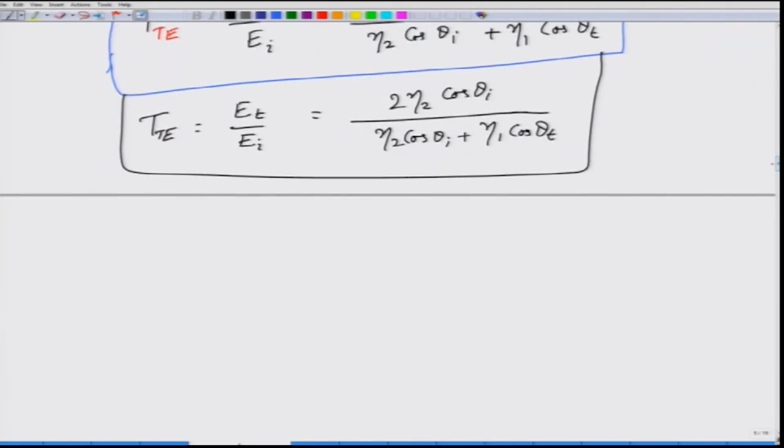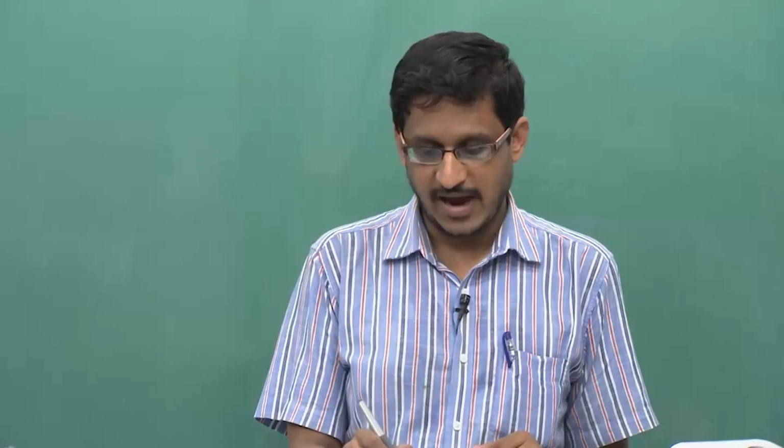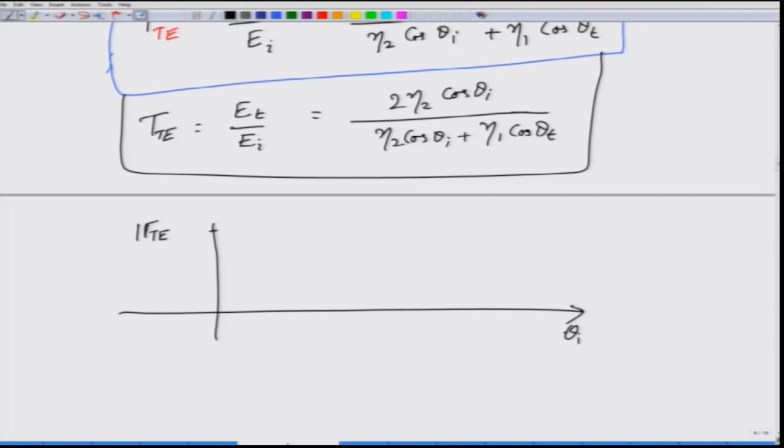Now, if you were to consider two situations and start varying the angle of incidence, first let me consider a situation where the magnitude of the reflection coefficient is plotted. I will consider two situations. In one situation I will assume that the medium has refractive index n1 less than n2.